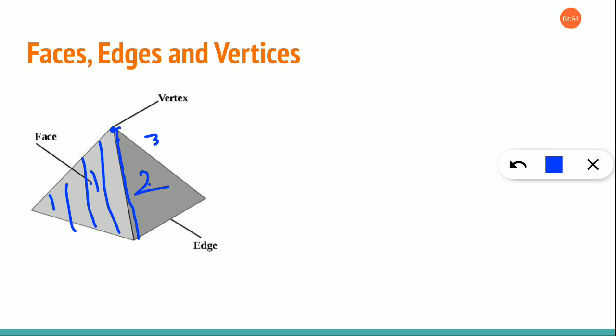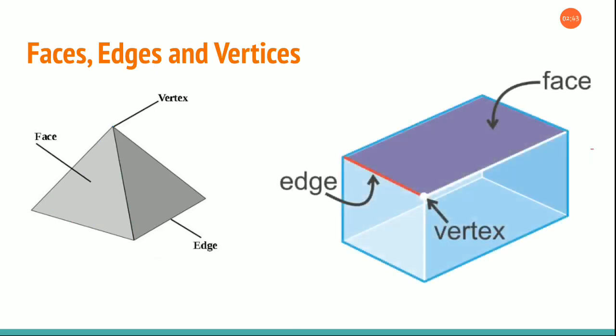You're clear with this? Now, for example, you are taking a cuboid. The flat portion, as always, we call it as a face, and the two faces joining line is called as the edge, and this point where two or more edges join is called as the vertex.